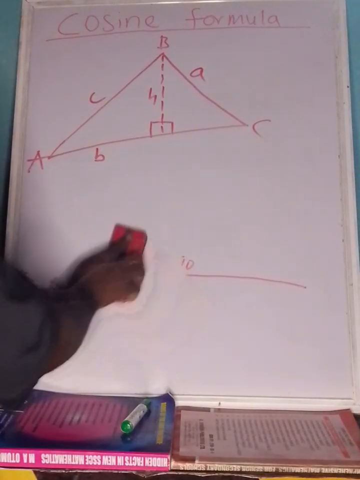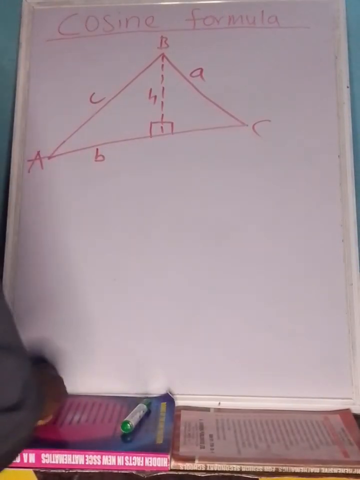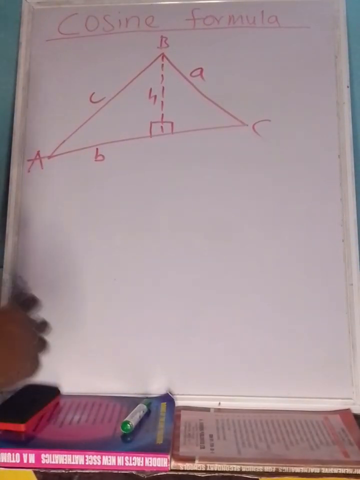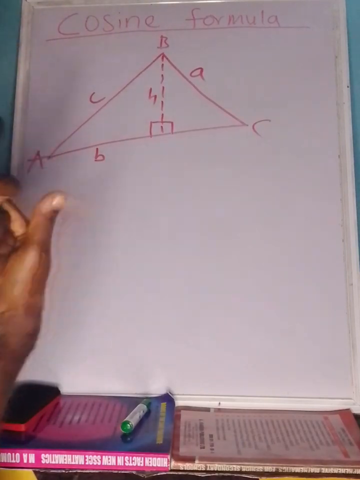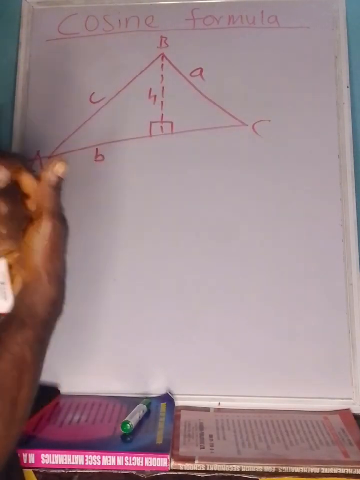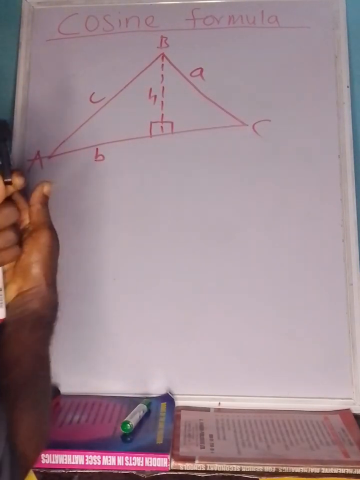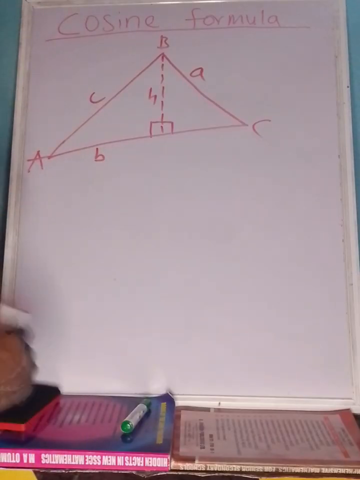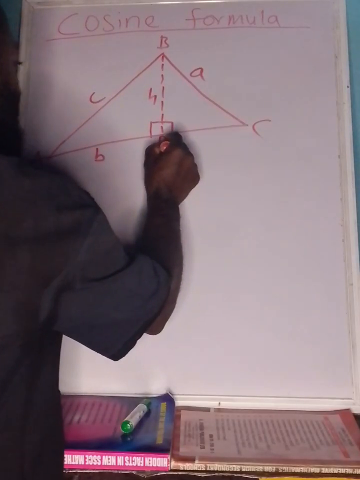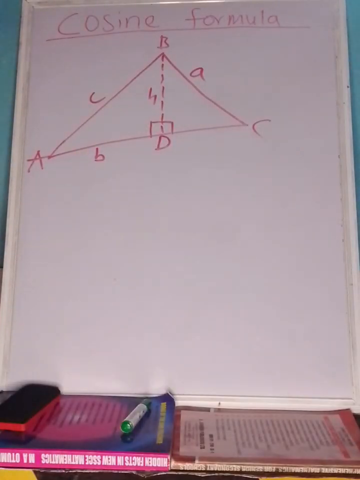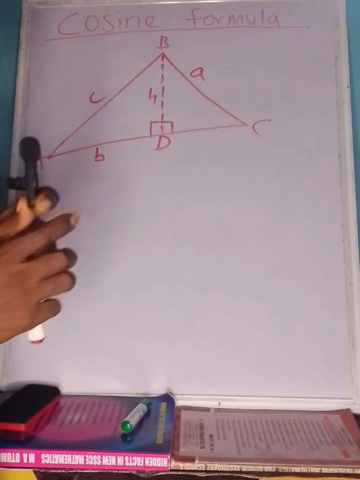By taking this perpendicular height, we have divided our scalene triangle into two what? Right angled triangles. We can decide to name this joint as D. Remember that the length from A to C is labeled as b.